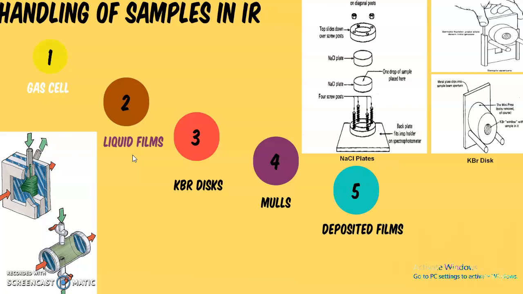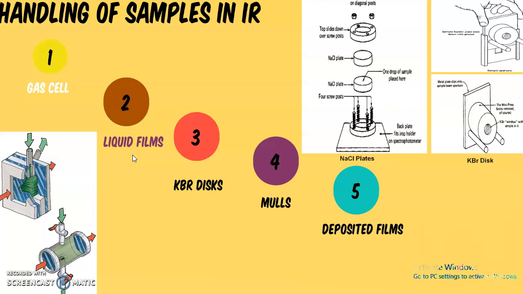Solids are either dispersed into KBr and compressed at a higher pressure to give me small flat KBr discs which are placed in my sample holder. They can either be used with mineral oil or glycerine to make mulls, Nujol mulls usually they are called, or in the form of a deposited film. So these are the handling of sample in IR.